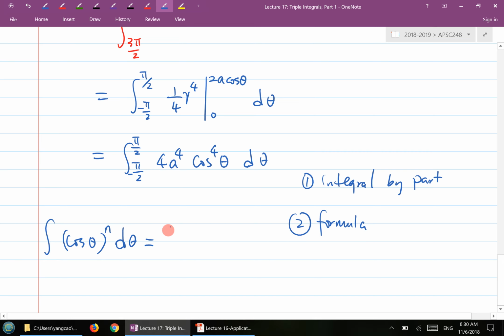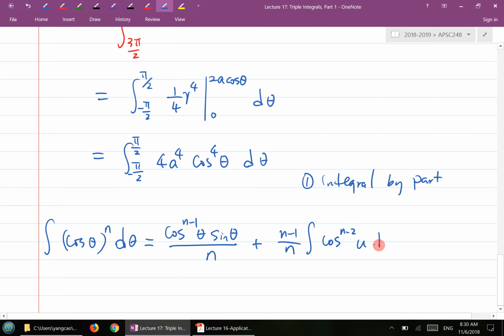And the formula is written as this. Great. Right, so that's the formula.